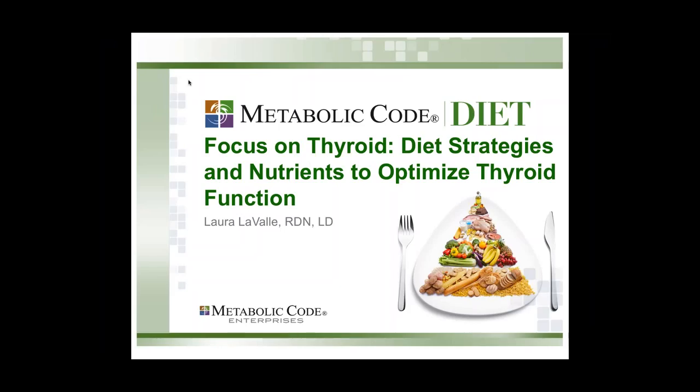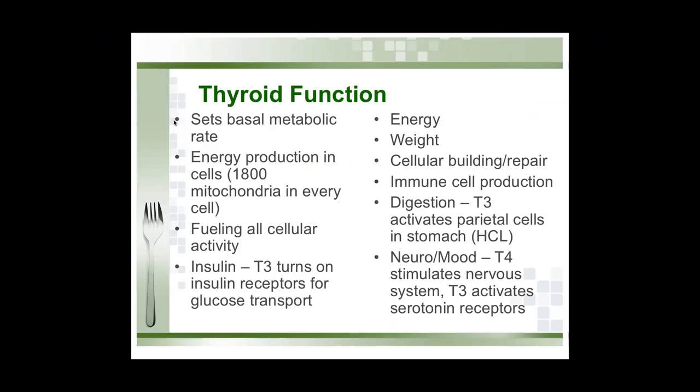So I don't want to belabor this point too much. We all, as practitioners of different types, know that thyroid function sets our basal metabolic rate and therefore influences the energy production capabilities of our body. So that's really what we're trying to do with thyroid function, is we're trying to get every mitochondria in the body efficiently producing ATP molecules and maximize that as much as possible.